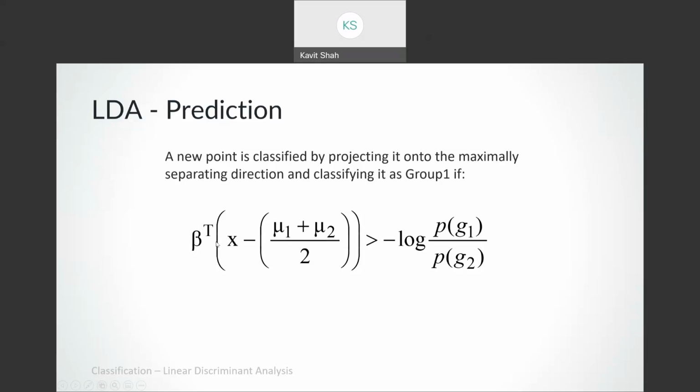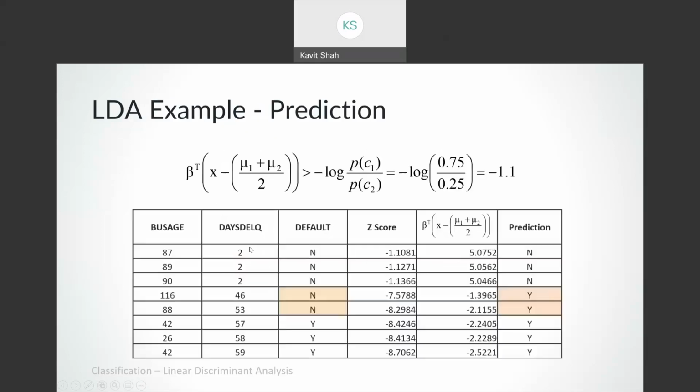Beta transpose is the estimated coefficients which we got using the LDA method, and x is the new point. It should be greater than minus log of probability of group 1 divided by probability of group 2. If this inequality holds, then we could classify it as group 1.